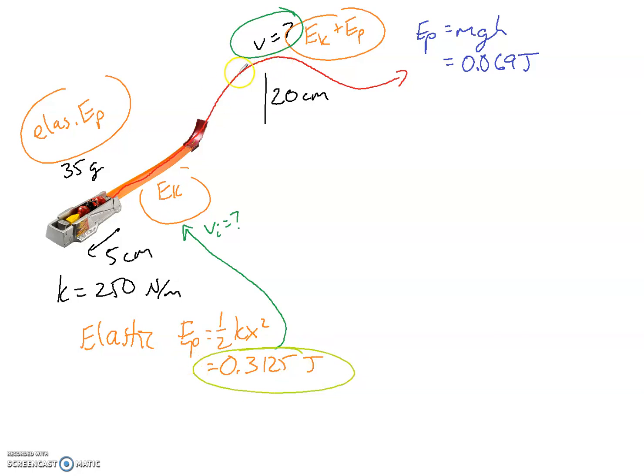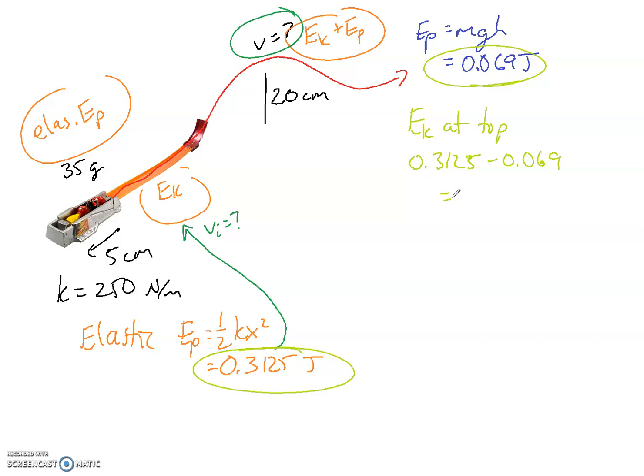At the top of the pathway, it's got this much potential energy, which means the remaining energy has to be my kinetic energy. So to find my kinetic energy at the top, I take the 0.3125 and take away how much was potential energy. We'll just take the difference between the two.